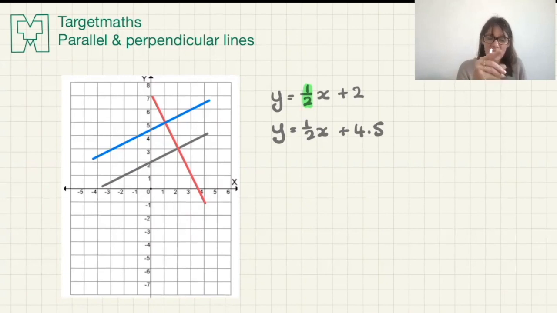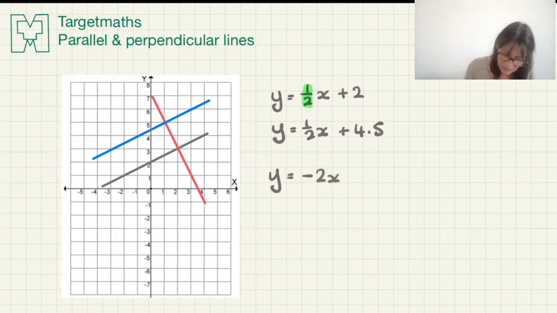If I look at the equation of the red line, it is y equals, it's a negative gradient, I can see that, and it's 2x, and it's crossing the y-intercept at +7. It's minus 2x plus 7.